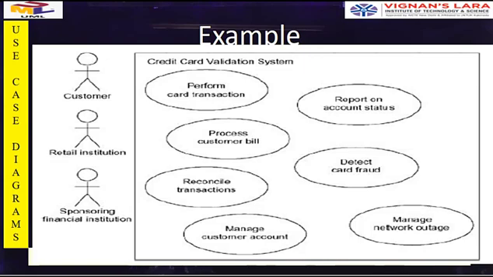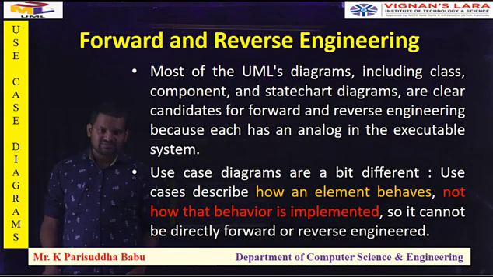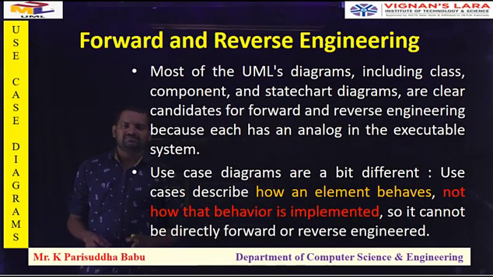Customer can perform card transaction. Customer can give the process customer bill. Process customer bill cannot be performed by the customer. Who will process it? Retail institution will process customer bill. Report on account status: who will report the account status? That information is all available with the particular system.